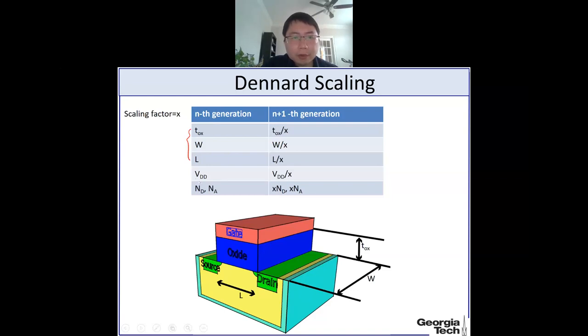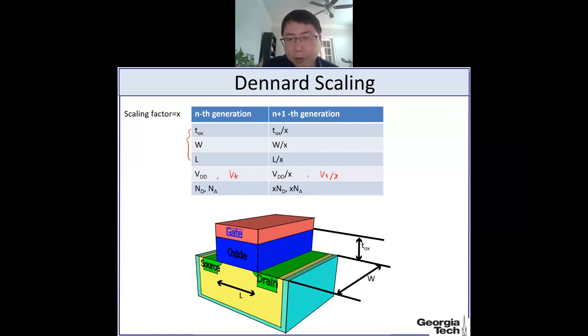Meanwhile, we will assume the voltage VDD will also decrease by x. And also we have to assume another voltage, which is the threshold voltage, also decreases by x. So let's say all the voltages decrease by x. Meanwhile, if we want to maintain this circuit performing well, we have to assume the density of the doping increases by x.